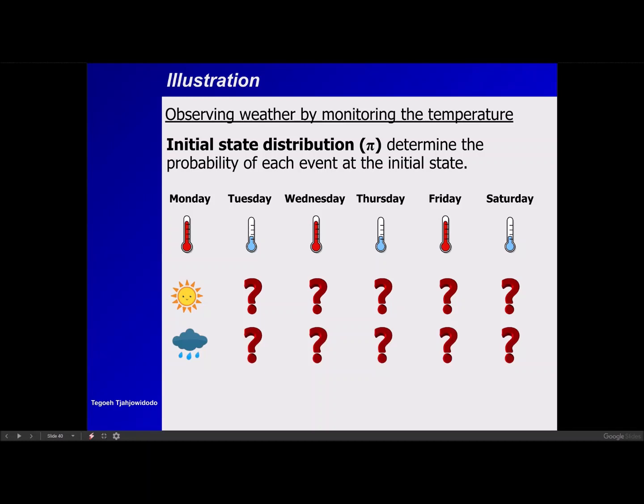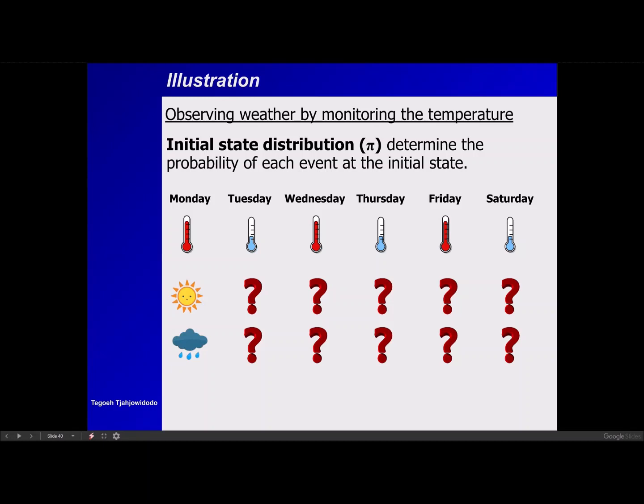So in this case, the first day there are two possibilities, whether it is sunny or rainy. The following day will be defined based on the emission and transition probability that we will discuss later on. But the first day has to start with a certain probability. This is what we call the initial state distribution, the initial state probability.